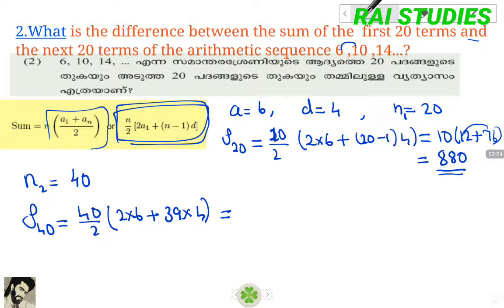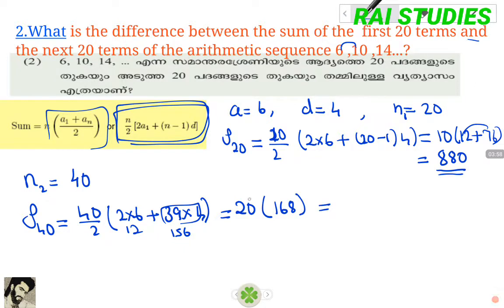That's equal to 40 by 2, which is 20. 20 into, let's consider the terms inside the bracket: 2 into 6 is 12, 39 into 4 is 156. 156 plus 12, you get the value 168.